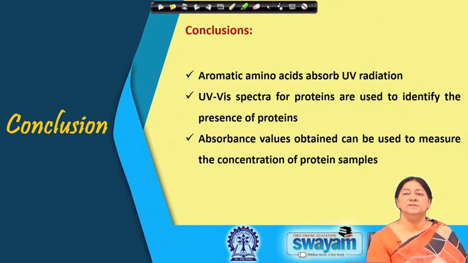In many cases, to find out the concentration of unknown proteins, a standard sample may be used to determine a calibration curve from which the concentration of an unknown protein can also be determined. We will study fluorescence spectroscopy in our next lecture.